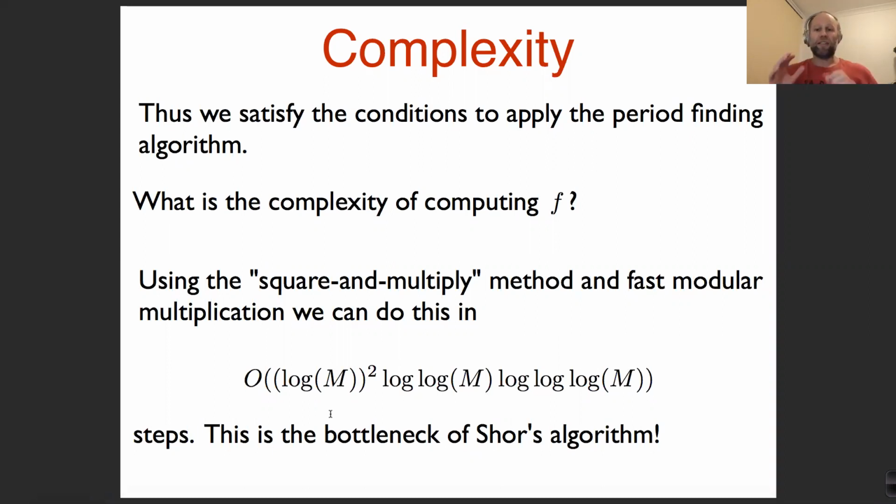So we actually have a classical circuit of that size that can implement f for us, and we can make that a classical reversible circuit and use that in our quantum algorithm. This actually turns out to be the bottleneck of Shor's algorithm: actually computing this function f dominates the complexity.